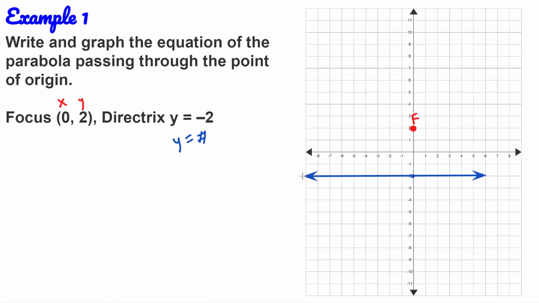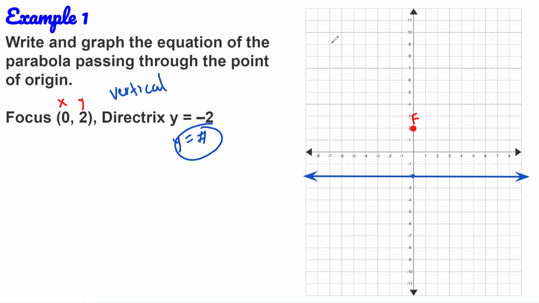However, it opens up towards what? My focus, the big F, that's right there. So this one is going to be a vertical parabola. As you guys see also, I have y equals a number. I made you guys do a little note. If I have y equals a number, it's vertical. If I have x equals a number, it's horizontal. So in this case, I have a vertical.